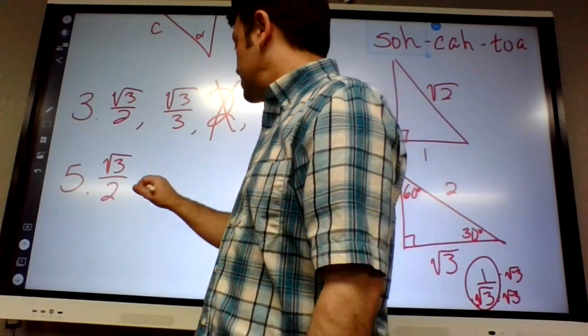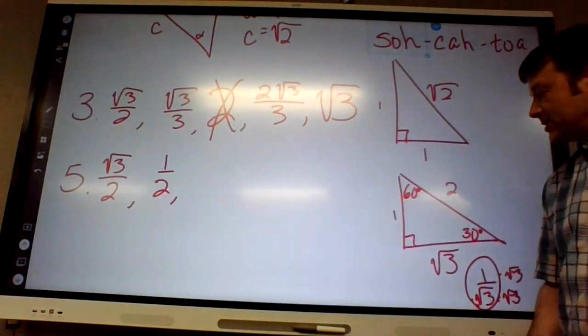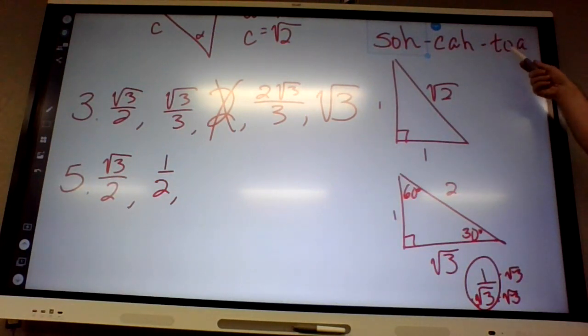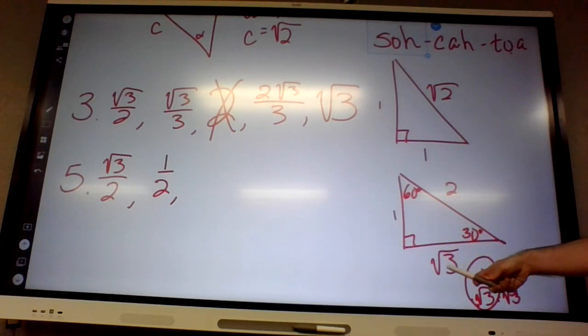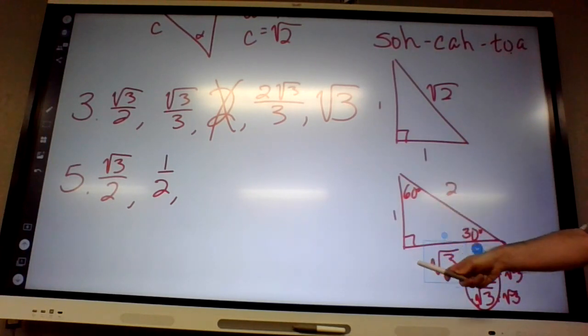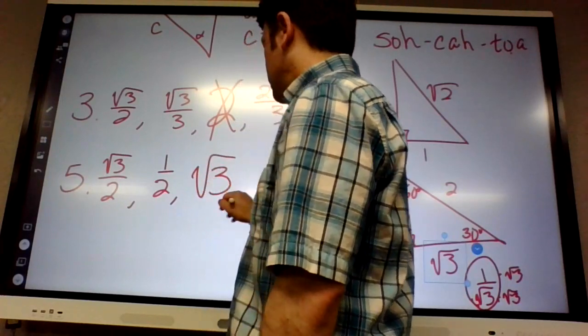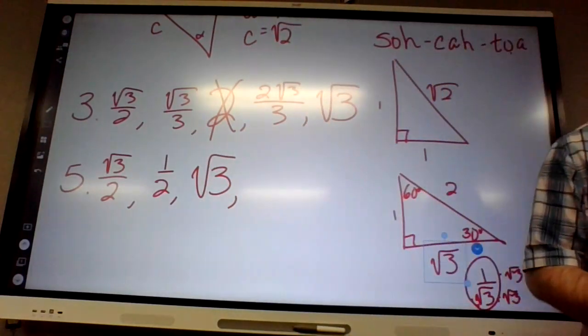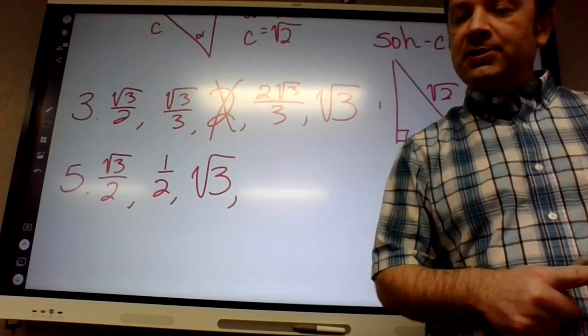They only did cosecant. What's tangent of 60? Opposite over adjacent. Opposite is square root of 3, adjacent is 1. Square root of 3 over 1, square root of 3. And then they did cosecant. I'm not going to do it this time. Secant is what flipped?